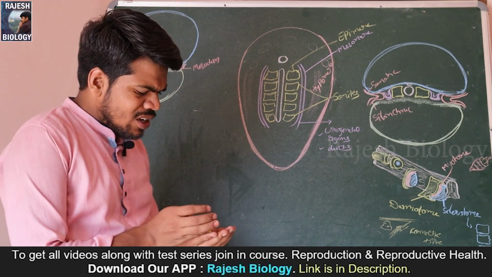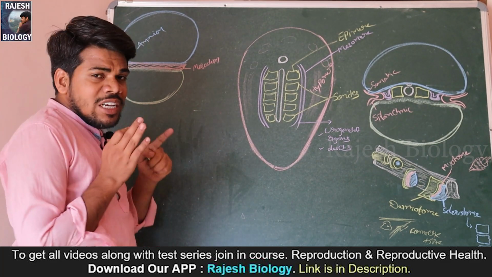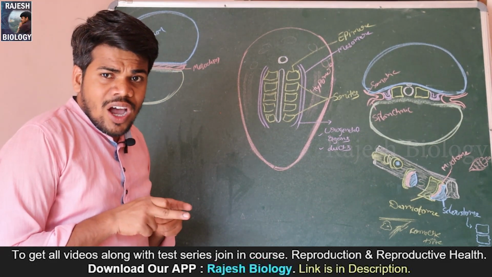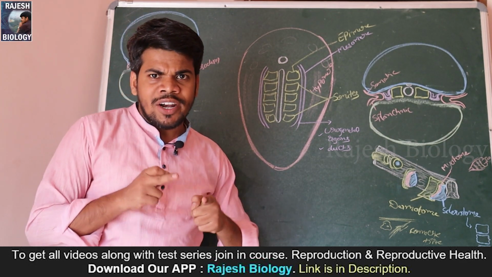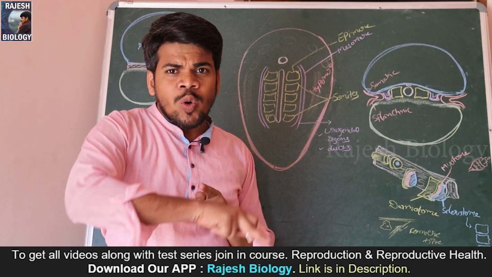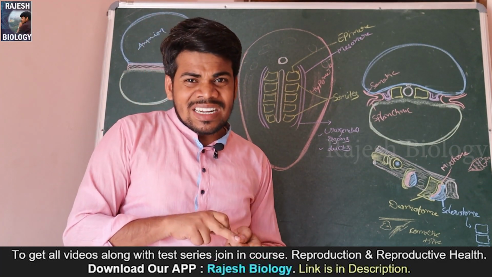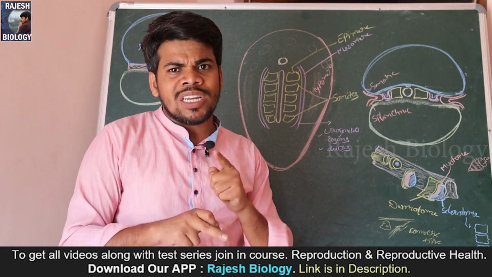I mention intraembryonic coelom because a coelom is already there outside the embryo, that is called blastocele. Blastocele we already completed, that is the primary body cavity, and it spreads all over the embryo and is called extraembryonic coelom. We will discuss the extraembryonic coelom in the next class.